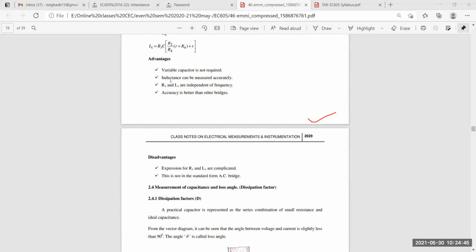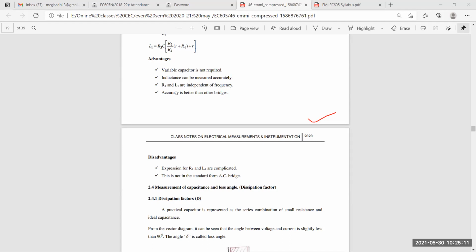Then we have some advantages here. The capacitor we have added here is not variable. That is the fixed capacitor, and the balance point is easily obtained in Anderson as compared to Maxwell. The fixed capacitor gives a very accurate reading.